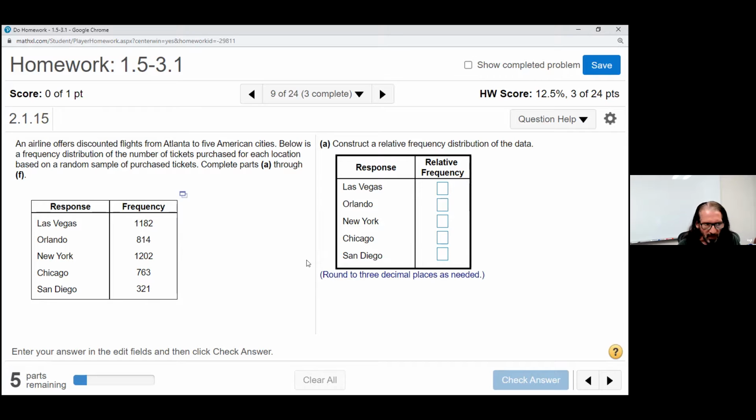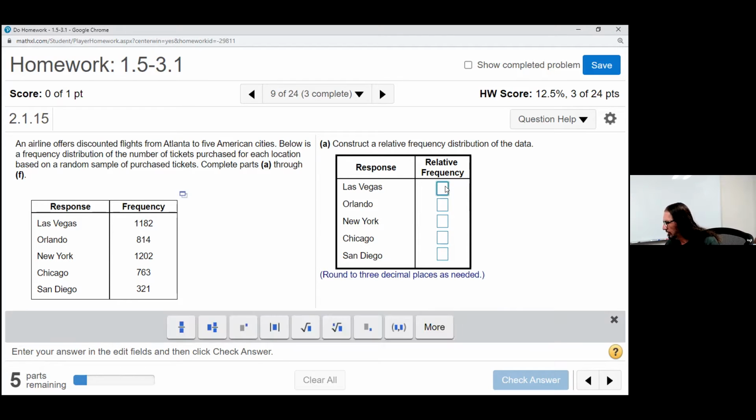So I would divide each one of those in the frequency table by 4282, and then we have to round to 3 decimal places. All right, let's see here. So that you can see, 1182 divided by 4282.